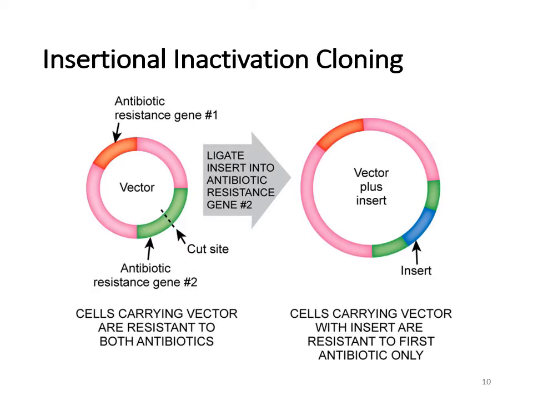You look to see which colonies successfully grow on ampicillin but die off on kanamycin. You still have the original transformation plate to go back and take those colonies and grow them and use them for your experiment because they have the intended gene.